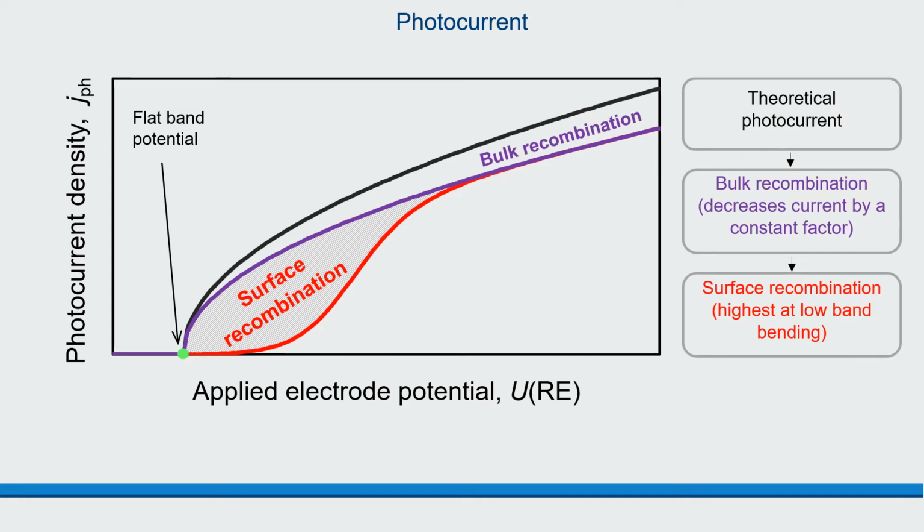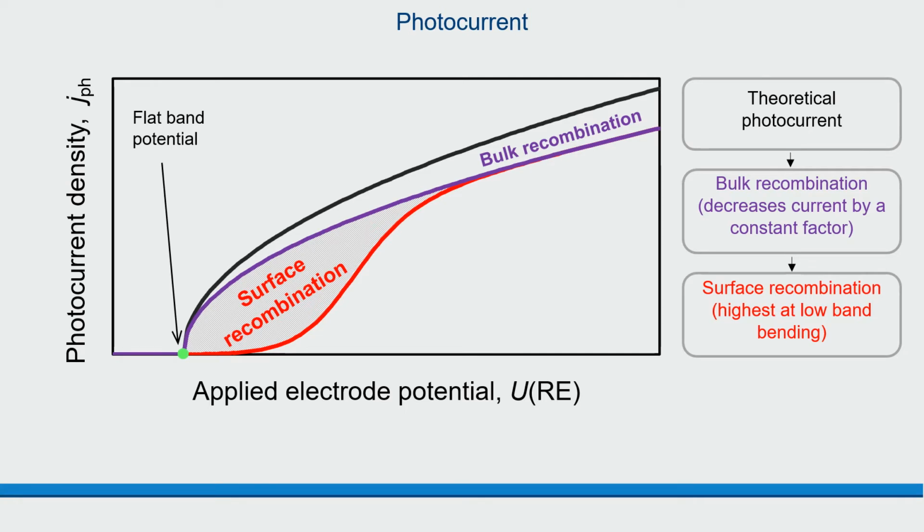So the two main ones are bulk recombination, in which the photogenerated charge carriers recombine in the bulk of the semiconductor, and this process decreases the photocurrent by a constant factor. And then there's also surface recombination, which takes place in the space charge layer. So the recombination is a function of the applied potential, and it is highest at small band bending.